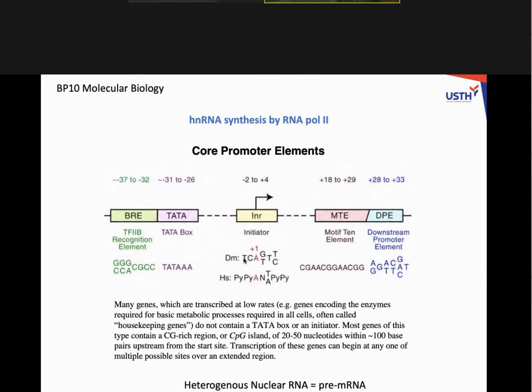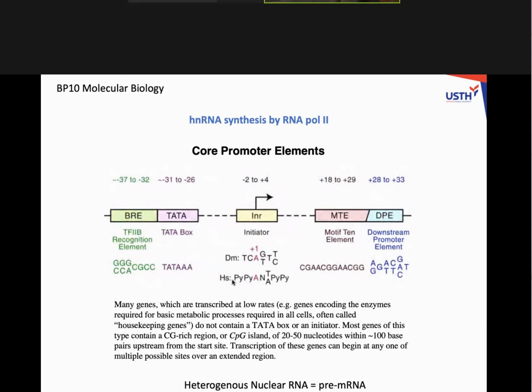At -2 there is always a T, at -1 always a C. The transcription start in Drosophila is always A, but the +2 is either G or T, and so on. So in Drosophila it's quite obvious: if you have TCA and a TATA box 30 bases before, you should get a POL2 promoter.